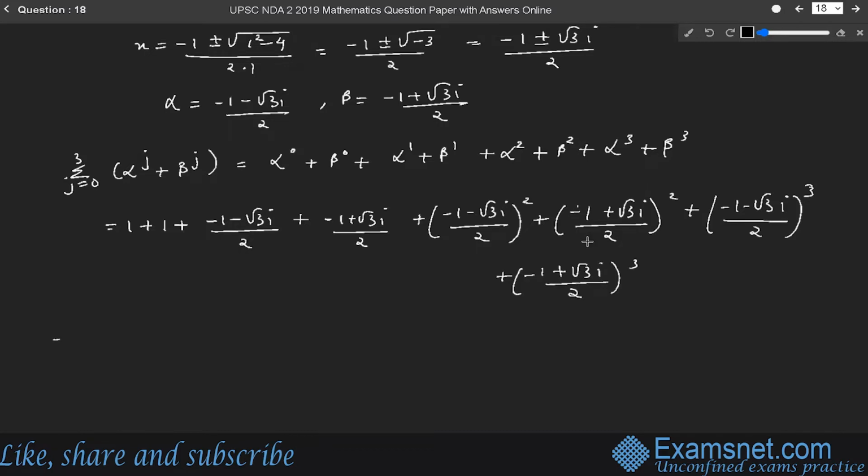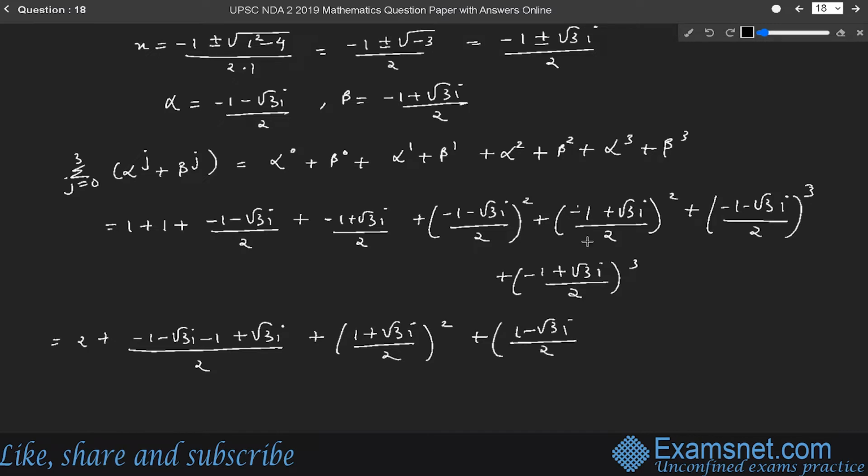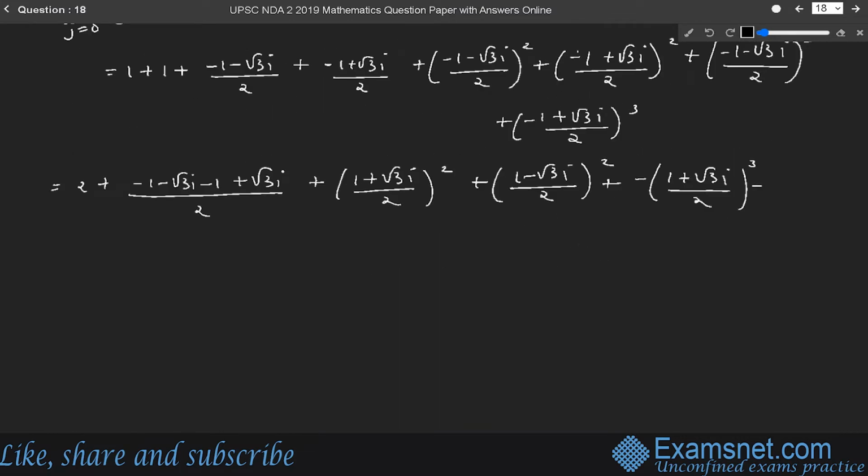On further solving it, it will be equal to 2 plus (minus 1 minus root 3i minus 1 plus root 3i) divided by 2 plus ((1 plus root 3i) divided by 2) whole square plus ((1 minus root 3i) divided by 2) whole square plus minus of ((1 plus root 3i) divided by 2) whole cube and minus ((1 minus root 3i) divided by 2) whole cube.